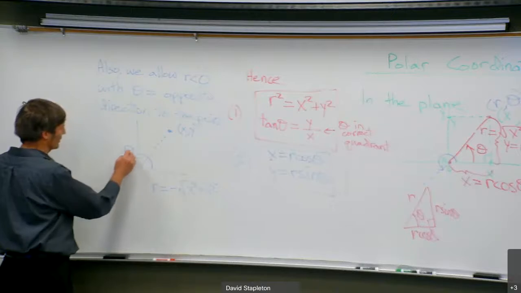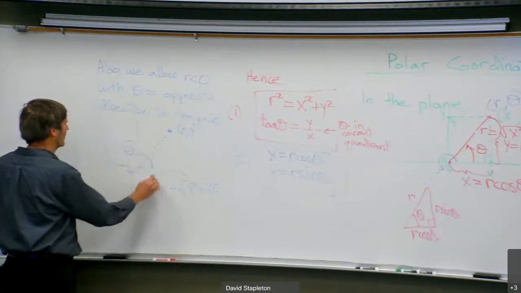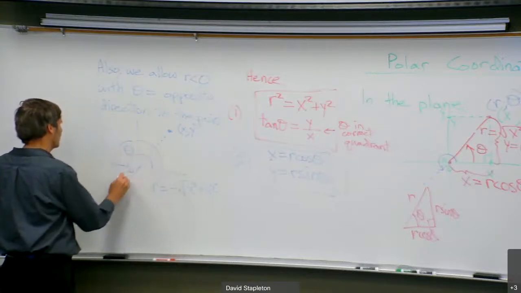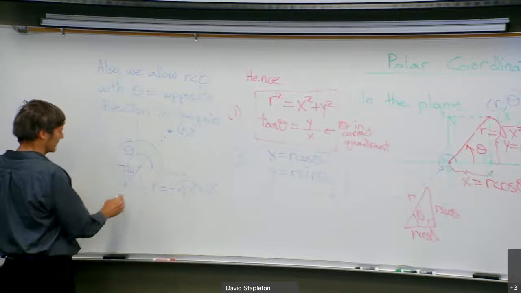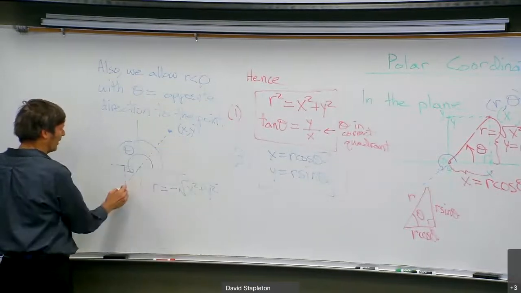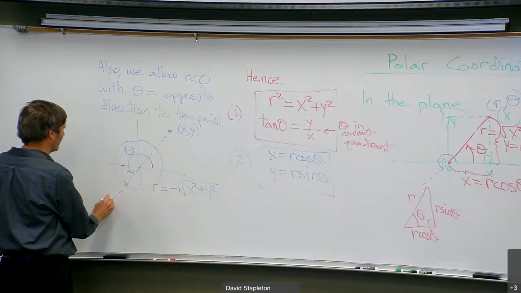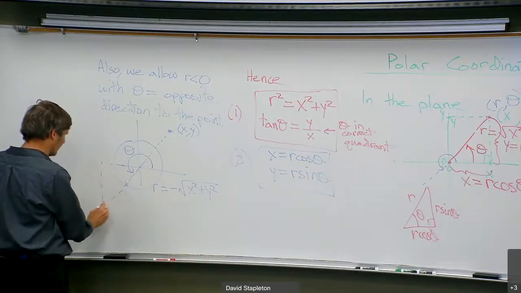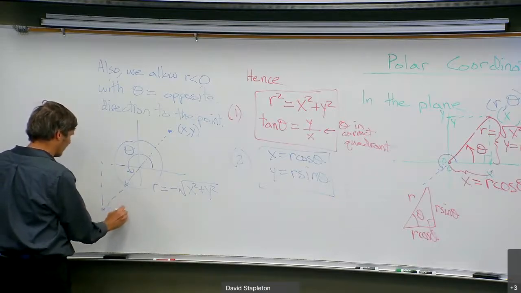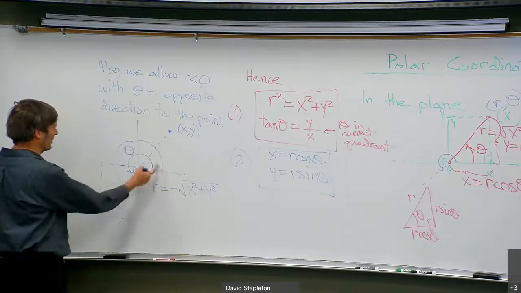If you draw the unit circle in here, this is the point x, y. So let's draw the triangle the same size here. And we can consider the point minus x, minus y directly on the other side. What's the tangent of this angle?